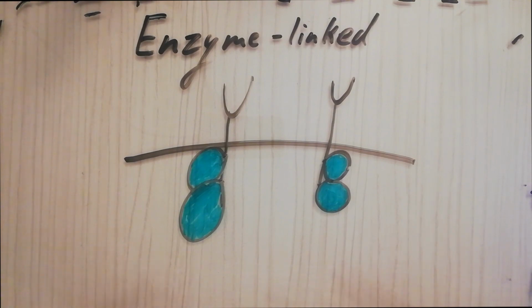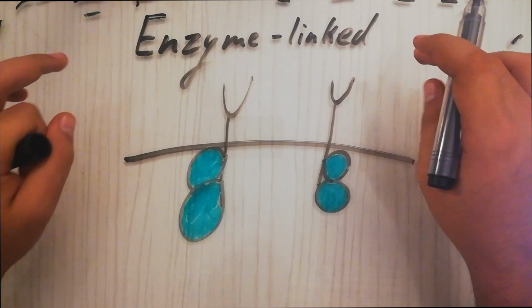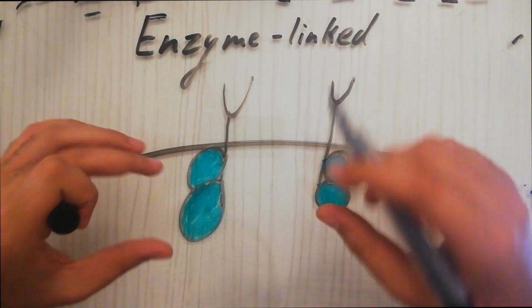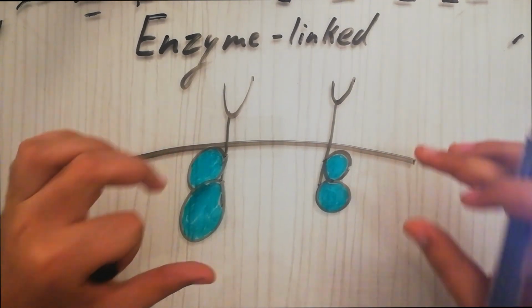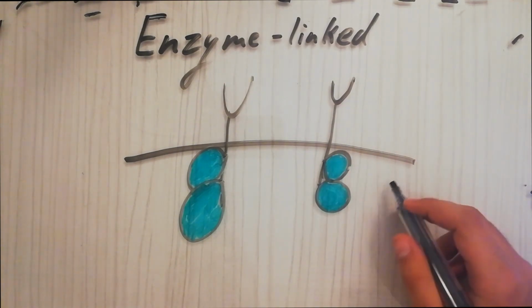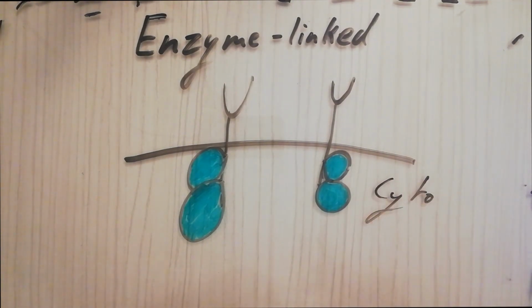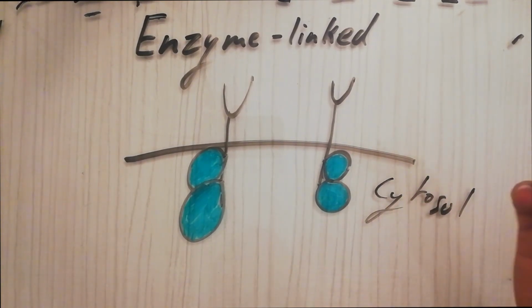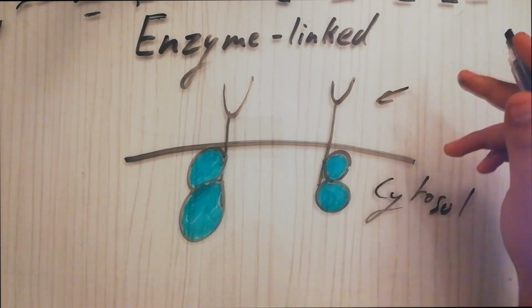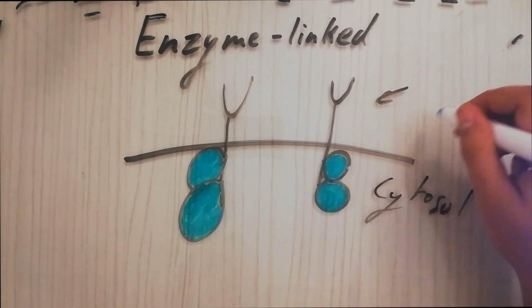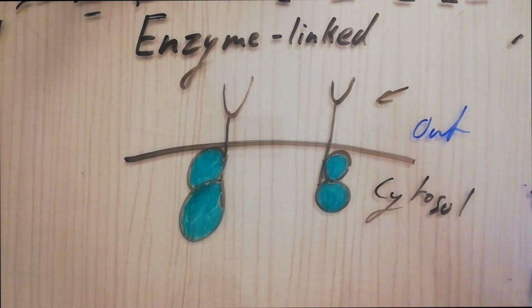The next type of receptor, and the slightly more complicated kind, are enzyme-linked receptors. These receptors are composed of a receptor that extends across the cell membrane and has two sides: a cytosol-bound site, located in the cytoplasm of the cell, and a recognition site. The recognition site is where the ligand binds, and it is present on the outside of the cell or on the cell surface.